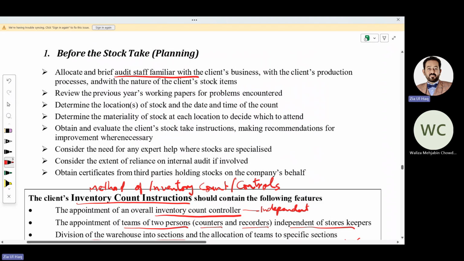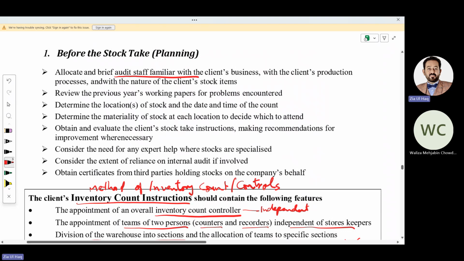So we need to send staff who has familiarity and knowledge about the client business and its inventory. Otherwise, the client might be conducting some kind of fraud in front of him, but he is unable to identify it because he doesn't have knowledge about the inventory and client business operations. So first we need to make sure the competence of our staff who is going to attend the count.